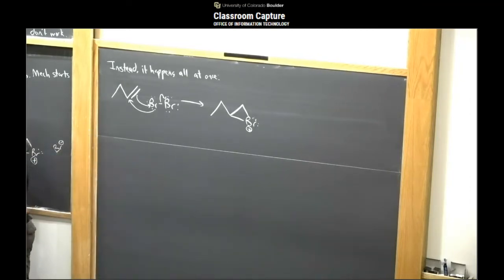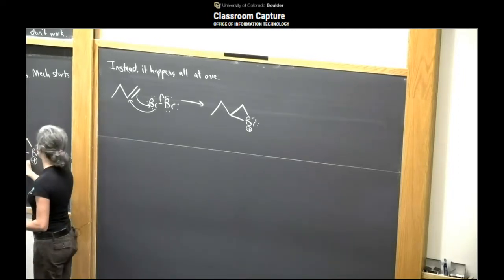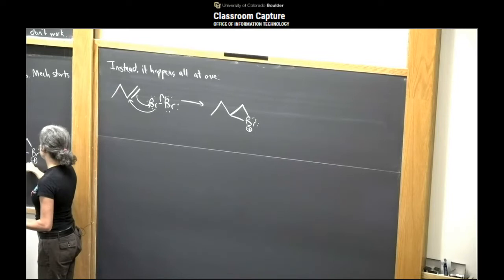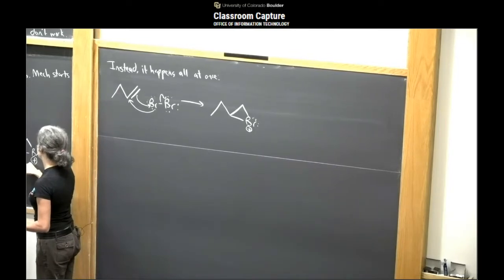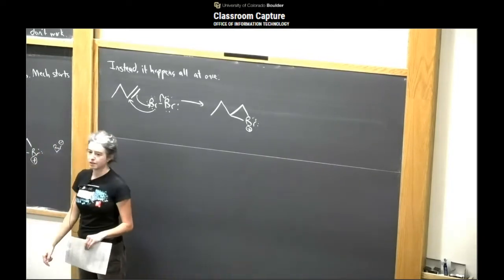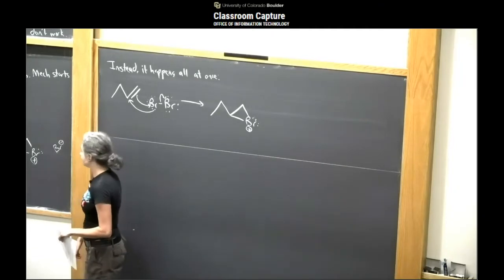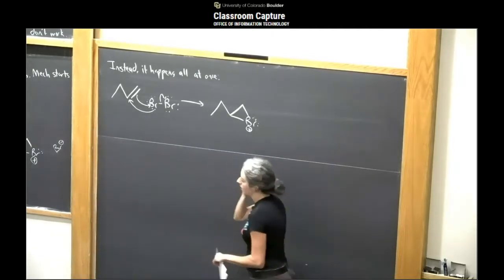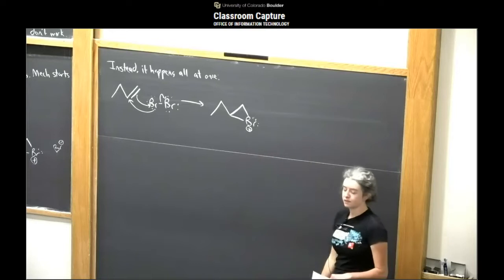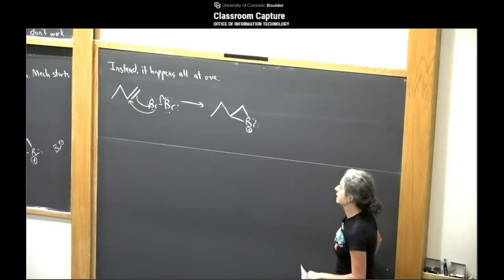Here, the carbocation does not have a full octet when it's got a positive charge. So it's not exactly an apples to apples comparison, but we would expect this thing to be a little bit more stable just on the basis of everyone having a full octet. So that's why energy-wise it makes sense to skip the carbocation entirely.